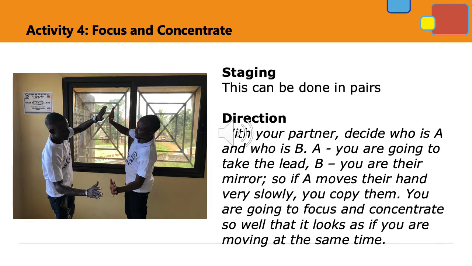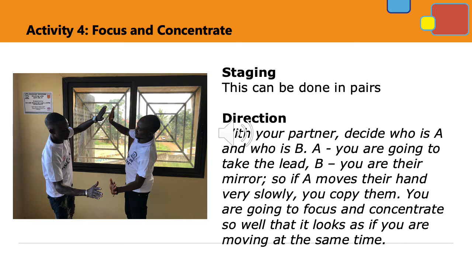Activity 4. Focus and concentrate. Staging. This is really good done in pairs. Direction. In your pairs and with your partner, decide who is A and who is B. All decided? Good. Put your hands up, A. Excellent. Put your hands up if you're a B. Excellent.